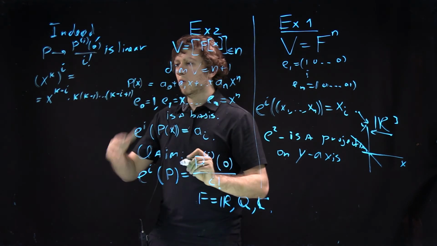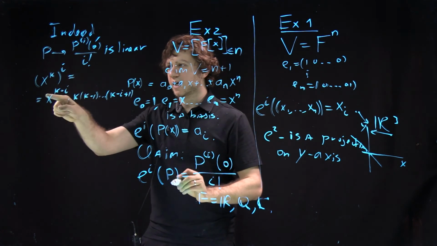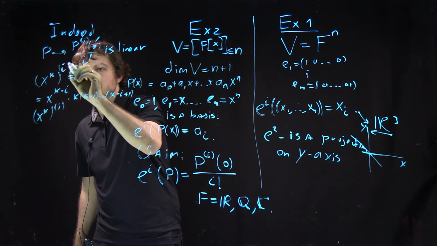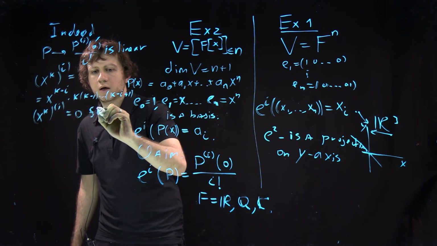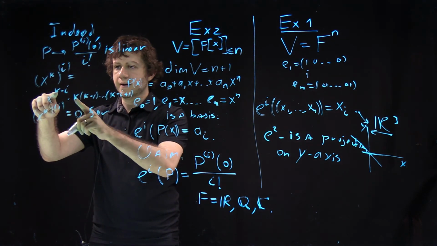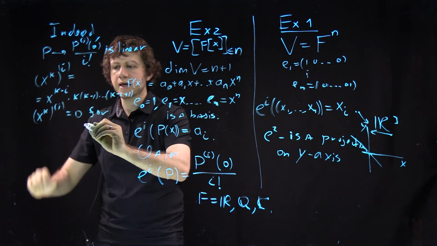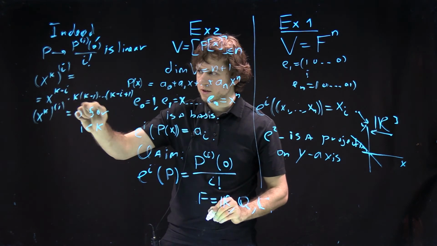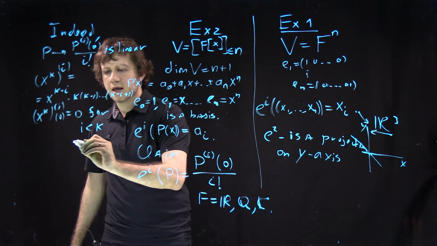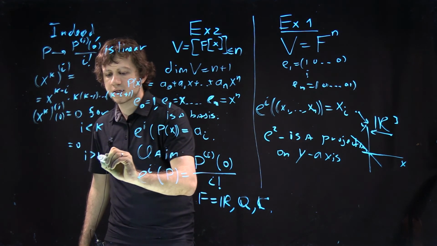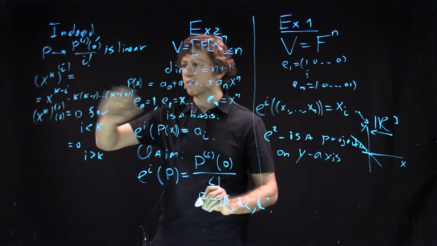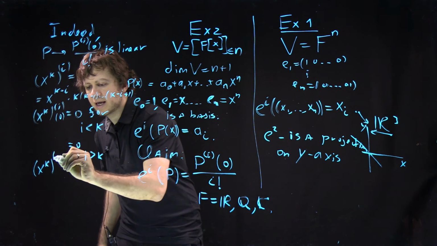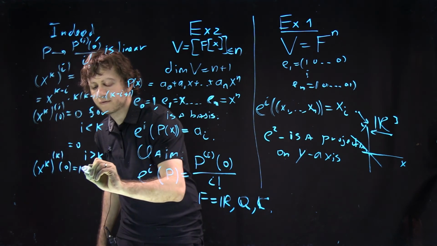If you take fewer derivatives than k, so for i less than k, you will get a polynomial which starts with x to some power, so it's 0 at 0. It also equals 0 for i bigger than k, just because when you take more derivatives than the power, the polynomial completely vanishes. And if you take the k-th derivative of x to the k exactly at 0, you will get k factorial.